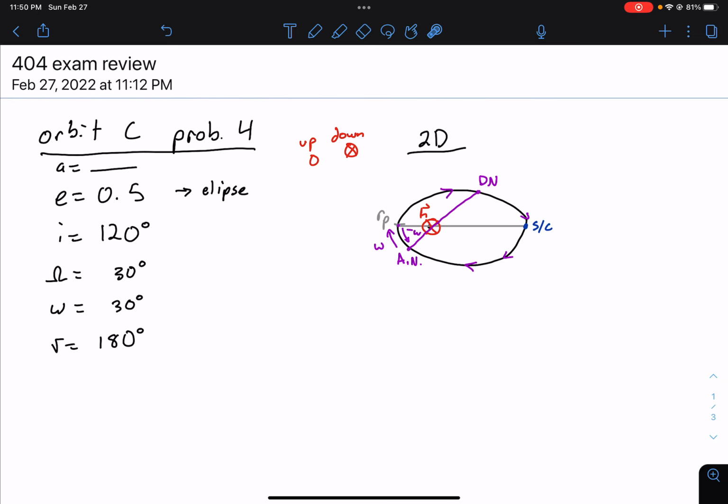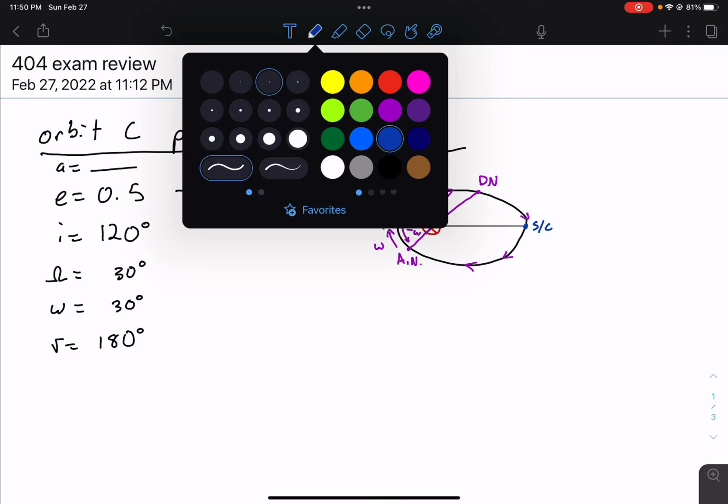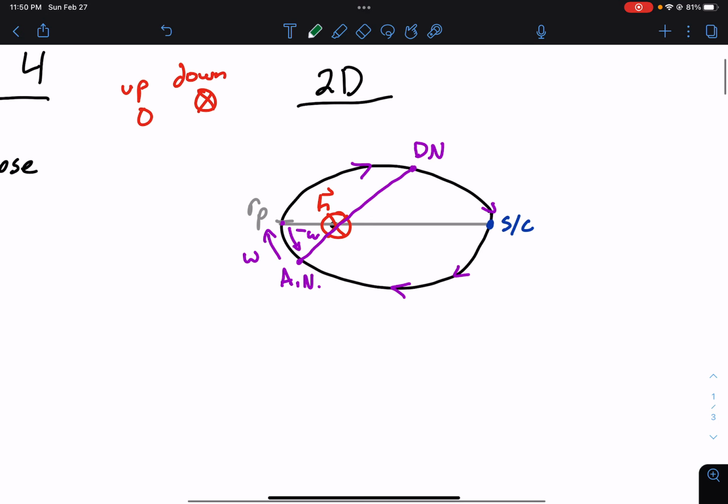Now, the last thing that I didn't write down, but you could easily tell: look at our trajectory of our spacecraft, looking at the ascending node and descending node. Which side is the southern hemisphere? Well, if we've defined the arrows as going from this way, and this is ascending node to now descending, that means that this is in the descending part, and this is the ascending part. So that would mean this is our southern hemisphere.